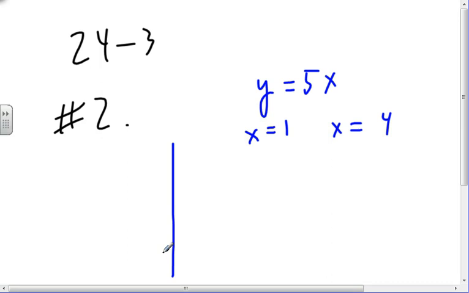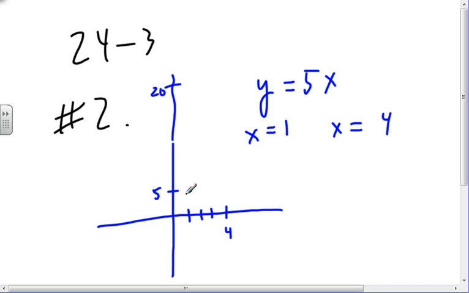And so I draw a picture, and at 1 I'm going to be at 5. 2, 3, 4. At 4 I'm going to be at 20. So we want the area under that curve.